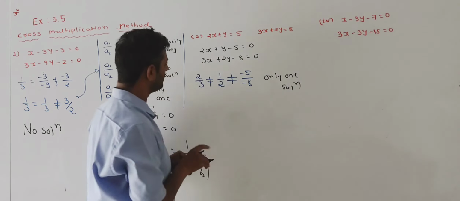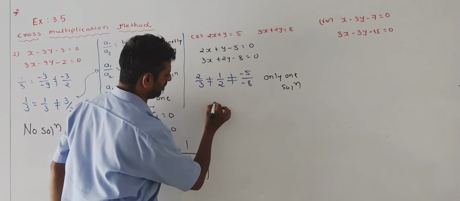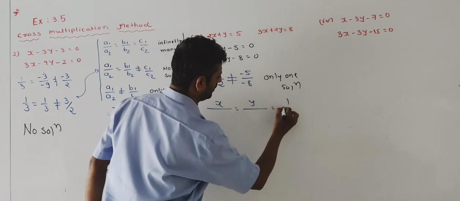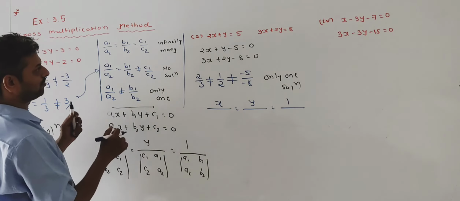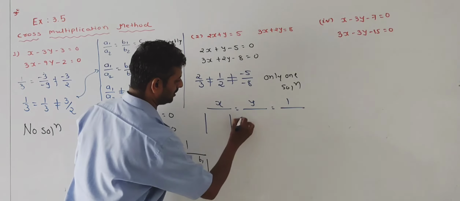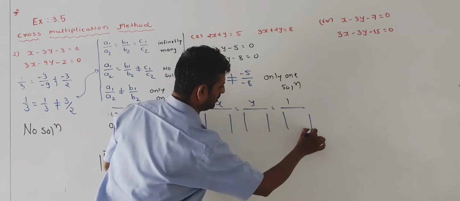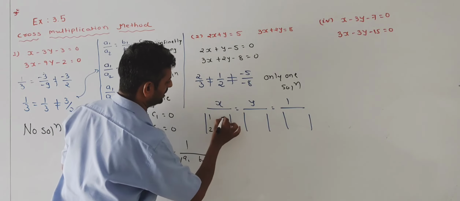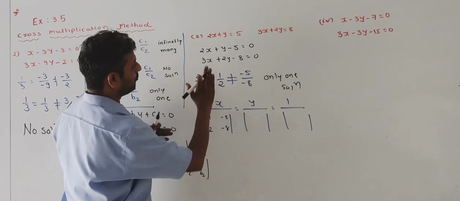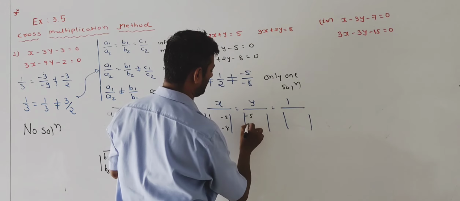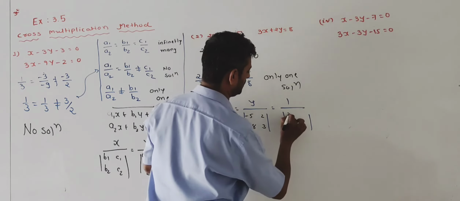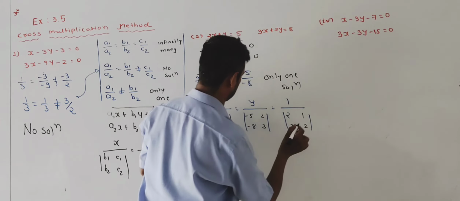So how to get it? Again we are going to do x upon, y upon, 1 upon. We have to follow this formula. So x: 1 2, minus 5 minus 8; y: minus 5 minus 8, 2 3; 1: 2 3, 1 2.